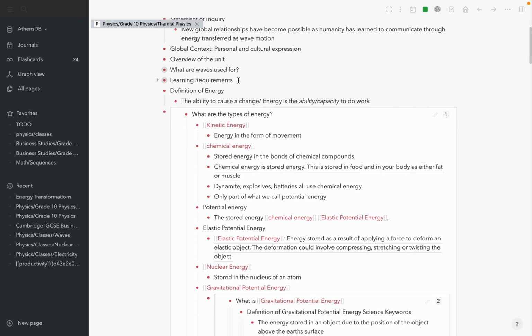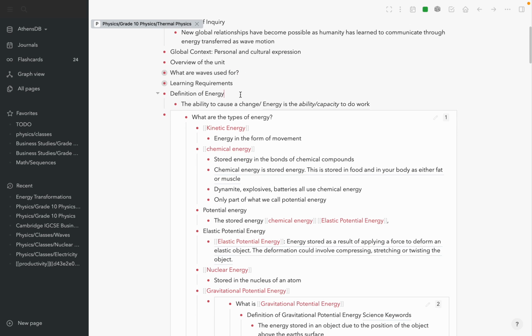So let's see. Now here I've got the definition of energy, and if you've noticed here, there's an underline, and what this signifies is this is a block reference. So if you click on it, you can see the block ID that's being referenced. But what a block reference basically is: I've written this exact phrase somewhere else in my graph, and what I'm doing is referring to this.